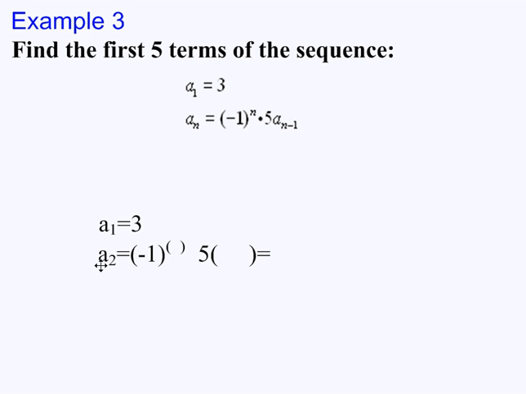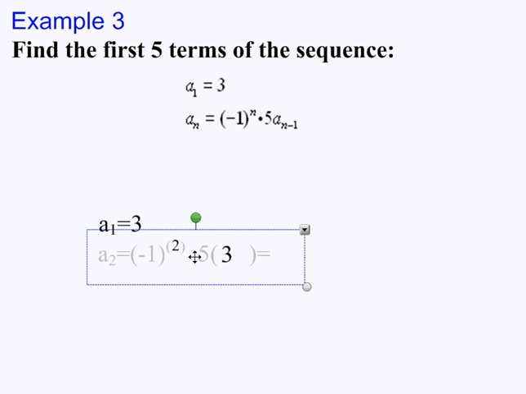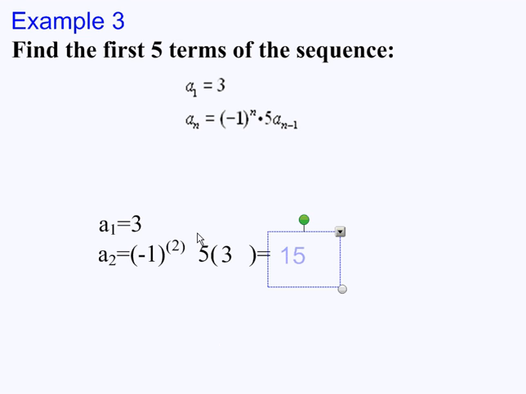So in this case, to find the second term, n is 2. And then A_(n-1), that's our previous term. Our previous term is 3. So we substitute that in there. So we're going to have negative 1 squared times 5 times 3. So 5 times 3 is 15. 15 times 1 is 15. So the second term is 15.